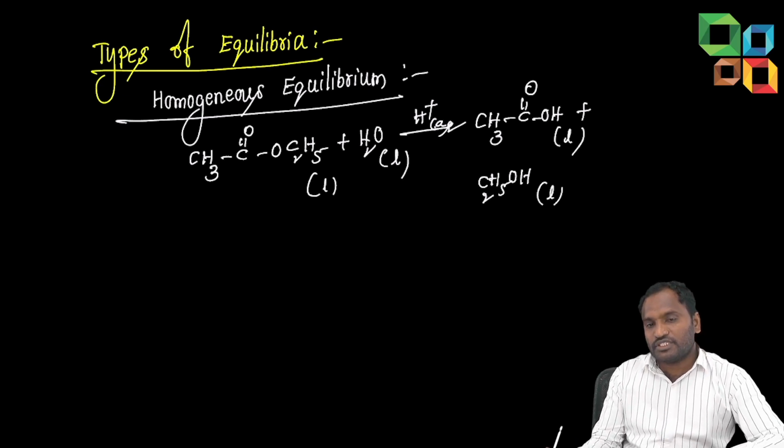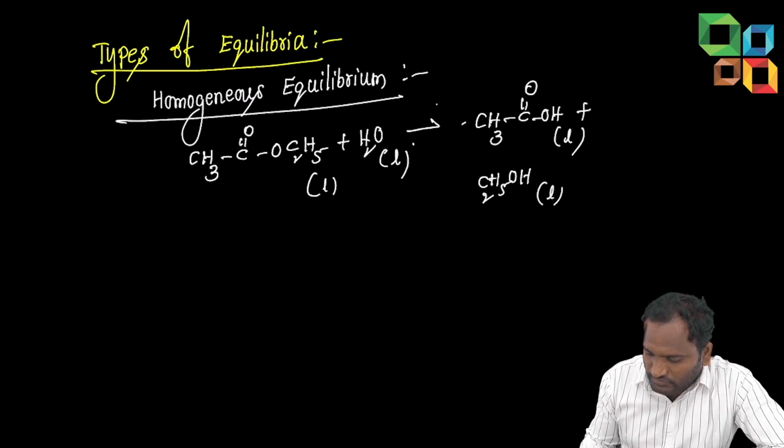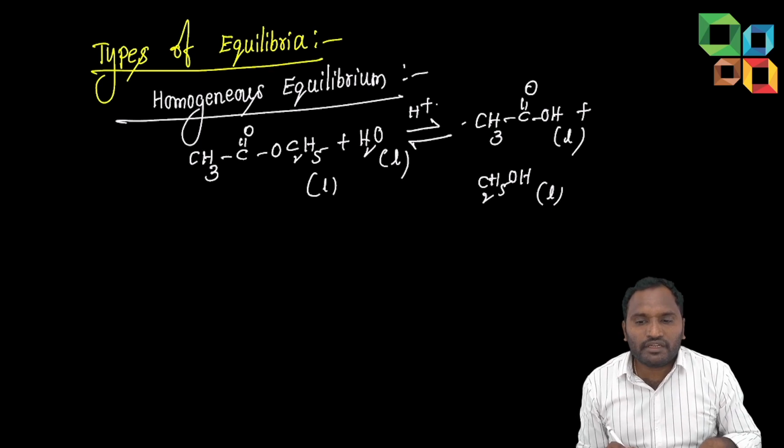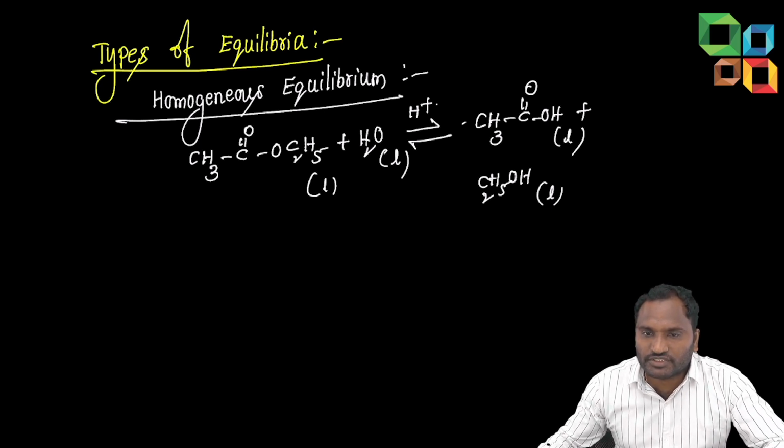All are in liquid state. This type of equilibrium is called homogeneous equilibrium. All the reactants and products must be in the same phase or state.